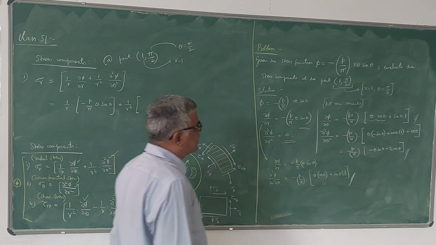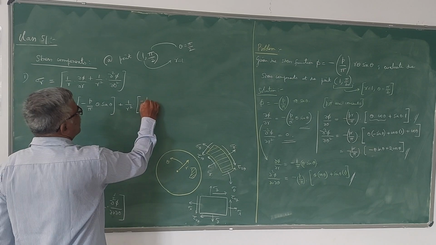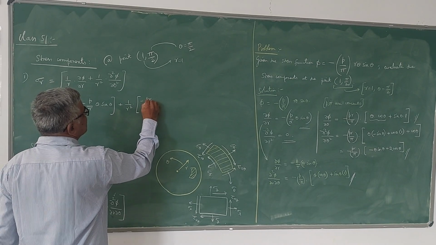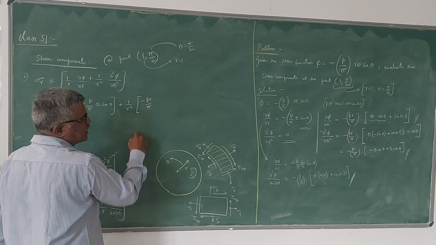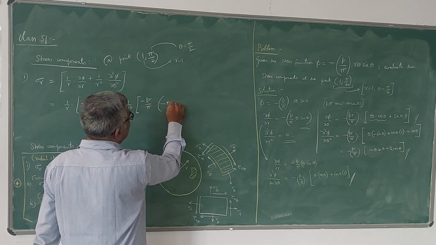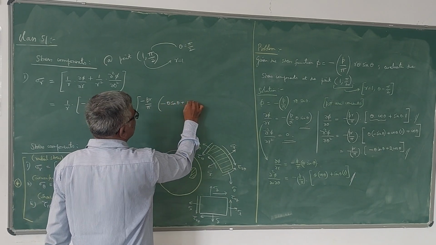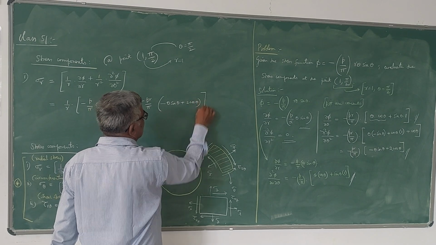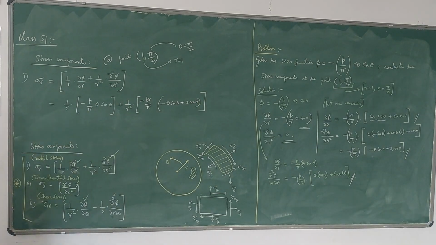It is minus PR by pi into, one more into is there, minus theta sin theta plus 2 cos theta. Be careful about the plus minus signs. Yes, this is the expression.